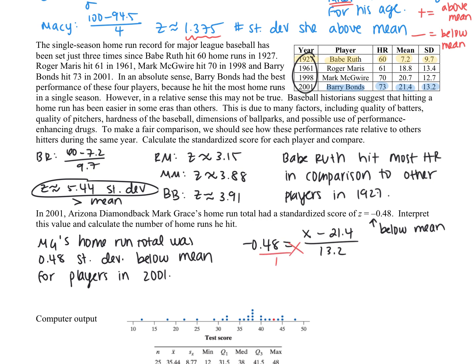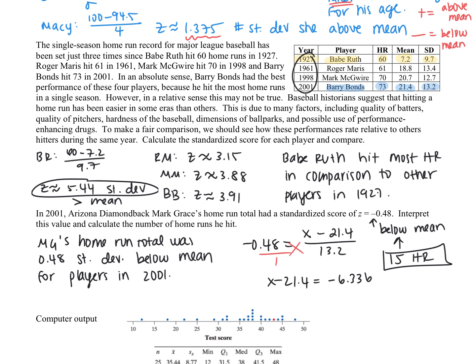If we put this over 1 and cross multiply, we would end up with x subtract 21.4 is equal to negative 6.336. So then if we add 21.4, it looks like Mark Grace's home run total was about 15 home runs. And we already said it was below the mean, so we should end up with a number less than the mean of 21.4.